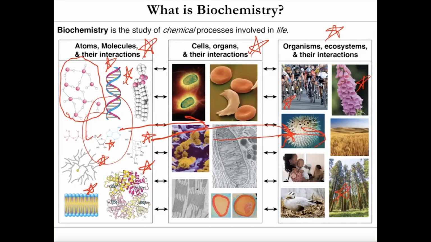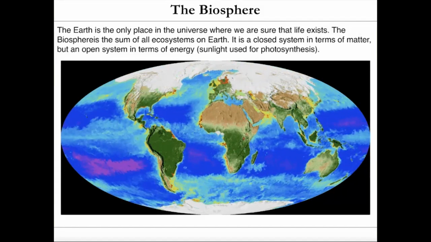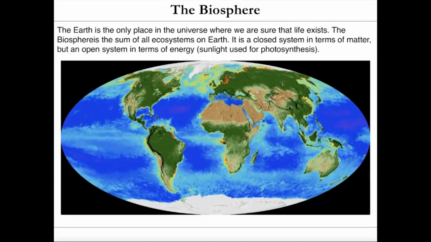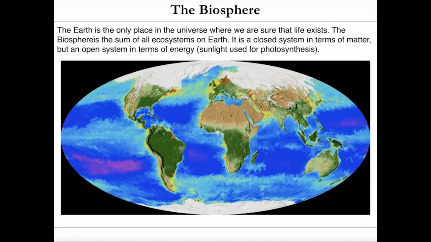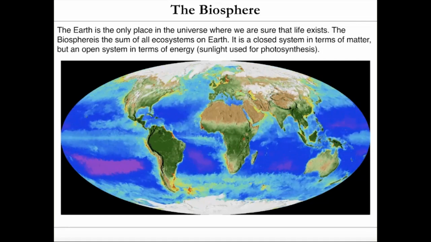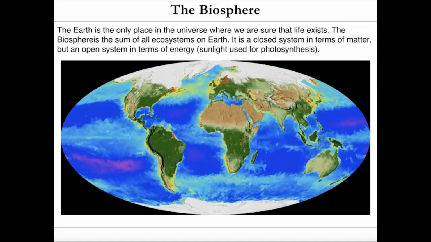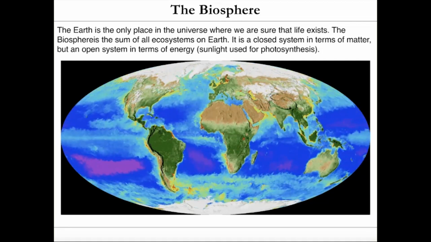We'll spend the rest of the time going into more detail on what is biochemistry. We'll start with the most broad view of life on Earth. Of course, when we say life on Earth, we're just talking about life itself, because the Earth is the only place in the universe that humans are sure life exists. Does it exist elsewhere? Probably, but we have no way of knowing.